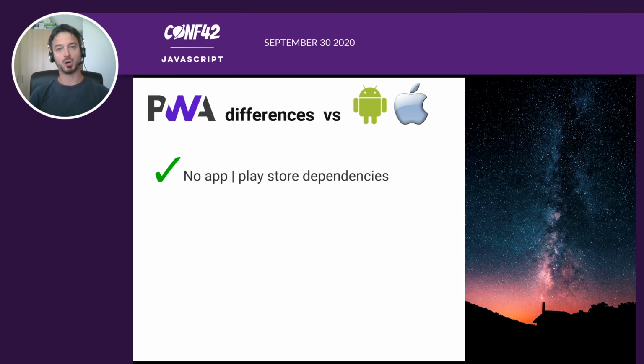We can just deploy our progressive web app, which is simply a web application enriched with some other functionalities. And once live on the server, it's available to everybody, so immediately online. Then we don't have to save and provide different versions of it. We just have one version.